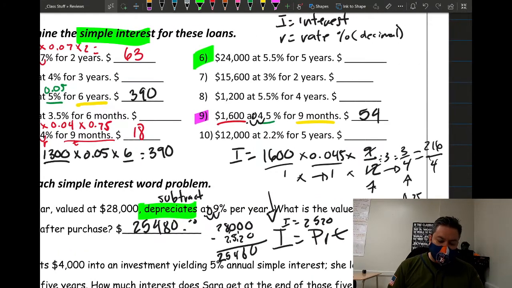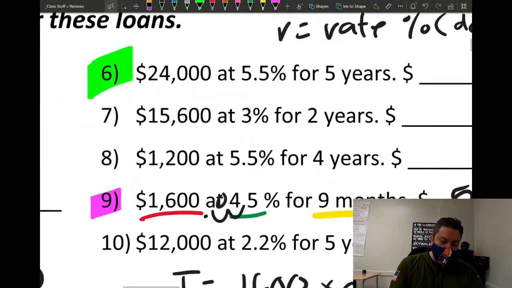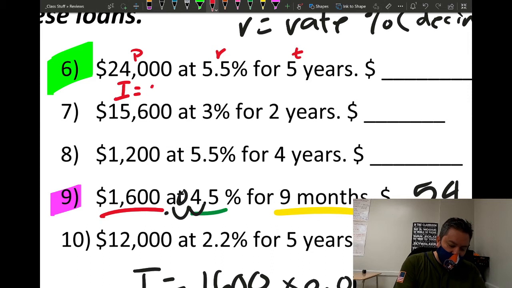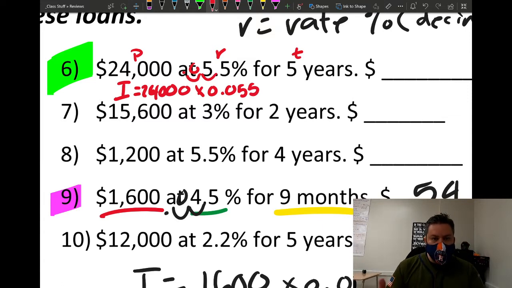Number 6, we have $24,000 at 5.5% for 5 years. So we're going to multiply. This is the principal, rate, and time. So to find the interest is going to be the principal, 24,000 times 0.055. Notice, it has a decimal.